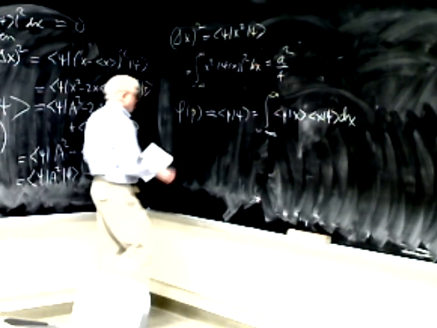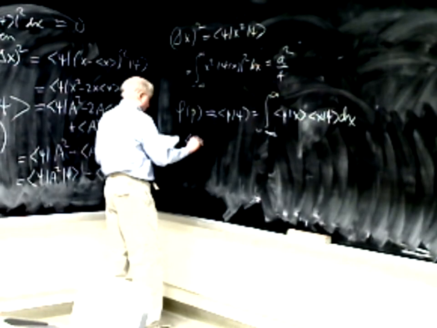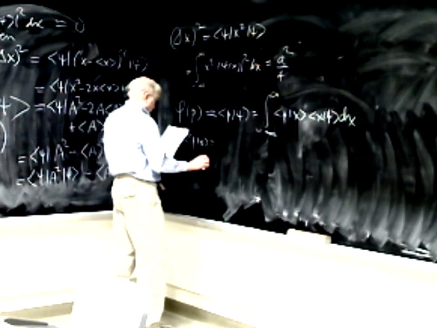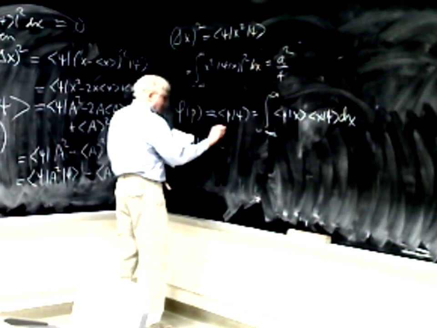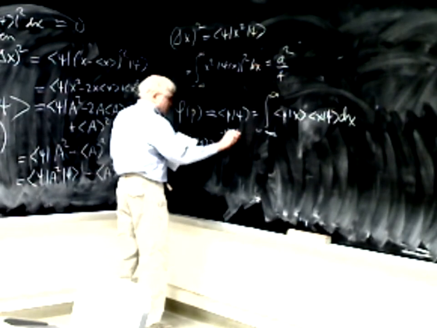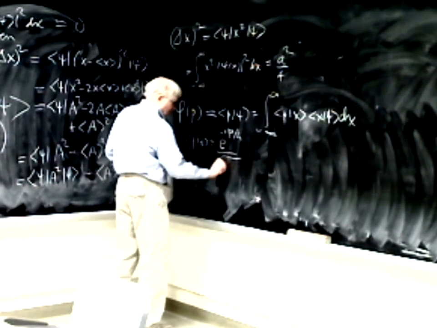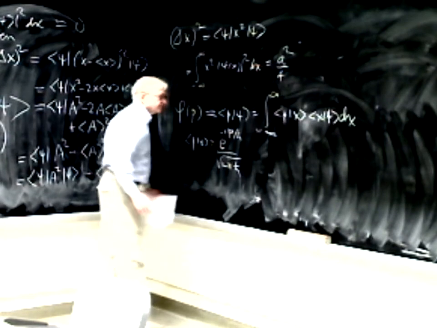And we've seen that the inner product of p with x is equal to e to the minus i p x over h bar divided by the square root of 2 pi h bar.